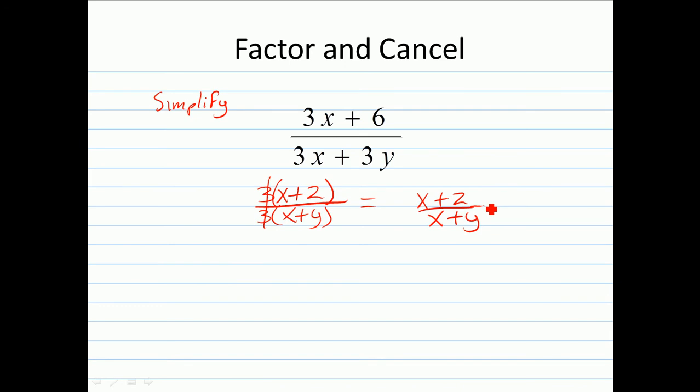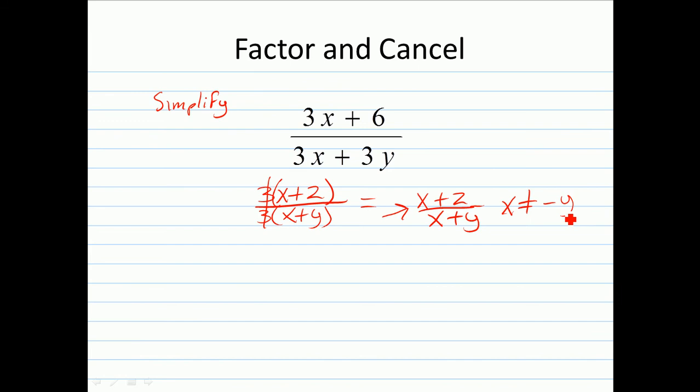However, you are not finished. You have to figure out what the points are where this expression is not defined. So you have to tell me what x cannot equal in this case. Here you'll have that x cannot equal negative y.